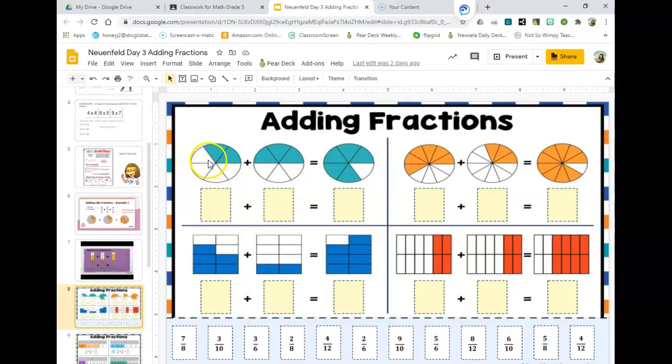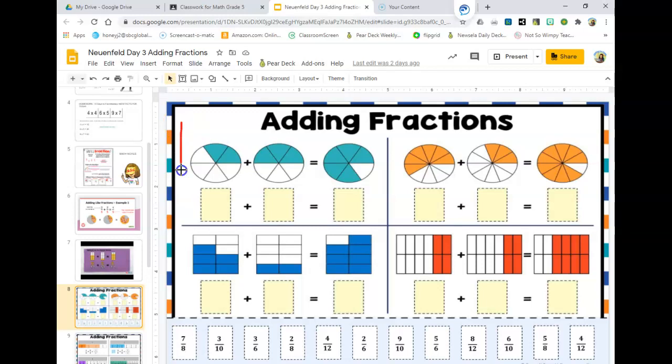As you can see, we have fractions. They're all pictures, they're visual representations. So first of all, we need to figure out what is the numerator and what is the denominator for each of these. So let's take a look at this first box right here.